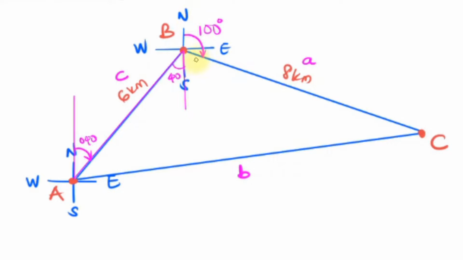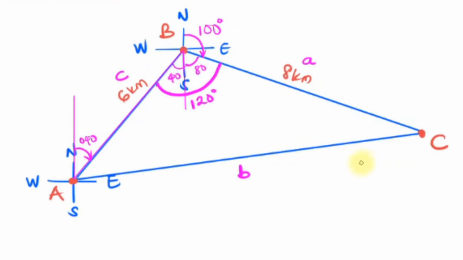So what will remain here will be 80, such that that 80 plus 100 will be 180 degrees, angle on a straight line. So we can compute this particular angle at B as the addition of 40 and 80. So this here is nothing but 40 plus 80, which is 120 degrees, the one facing this B. So we have this particular set of parameters, and we're going to see how we can solve them to get how far the boat is from the starting position.